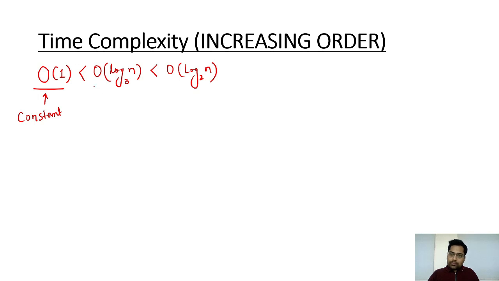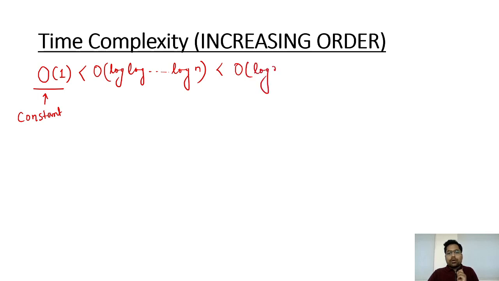This is one part of the increasing order. The main thing we are going to discuss is, remember, all logs are base 2. Don't worry about bases now. The number of logs you are adding will be bigger than the constant, but less than big O of n, because the number of logs you are using keeps reducing one by one.